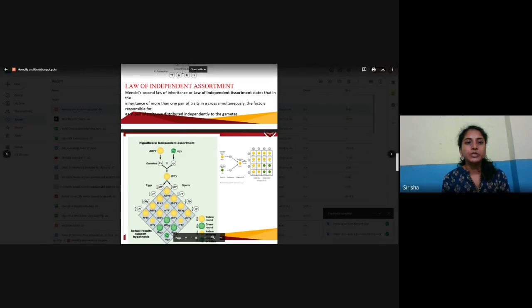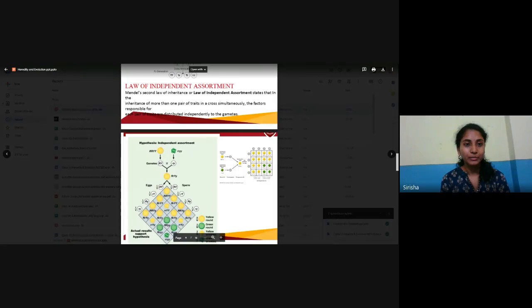So what did he actually do? Independently, from the two dominant characters, he has taken round, that is capital R, as well as capital Y. In the second one also he has done the same thing, small r and small y. He mixed them with each other. Then what did he get in the particular cell? Capital R, capital Y, small y.